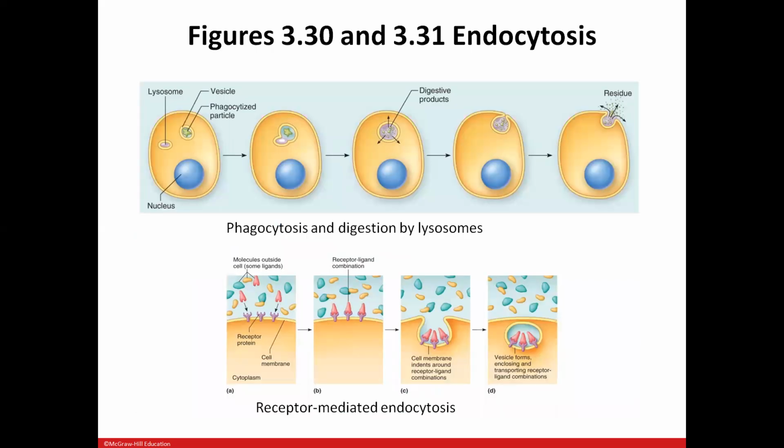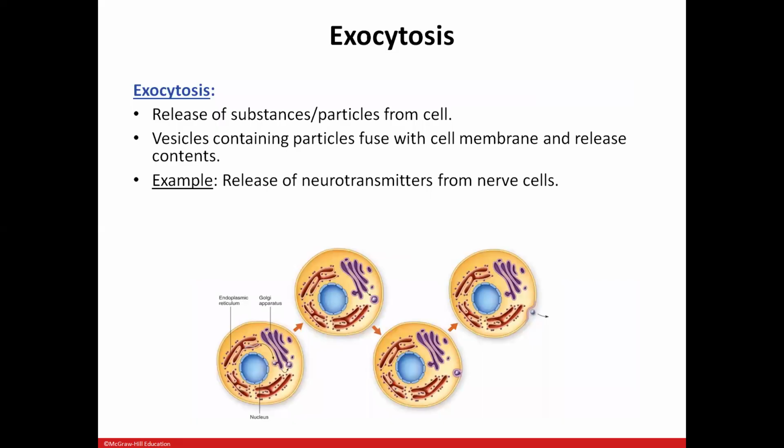We also have exocytosis as well. And with exocytosis, they are actually leaving the cell. You have the opposite approach where you're using vesicles to release contents out of the cell. And so one example that we'll talk about is this is actually what happens when you release neurotransmitters. You may have heard of something called acetylcholine before. So when we release that neurotransmitter to the cells, we actually undergo exocytosis.